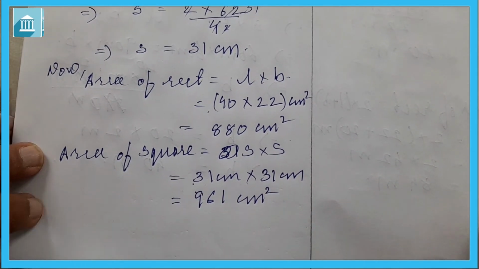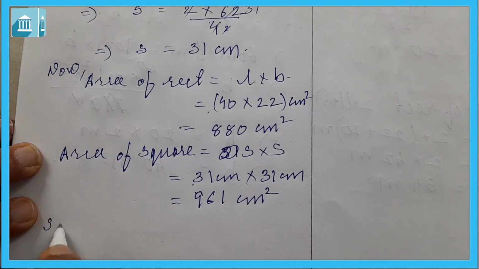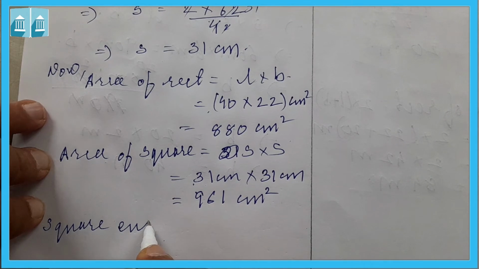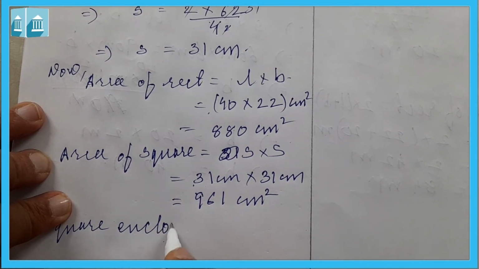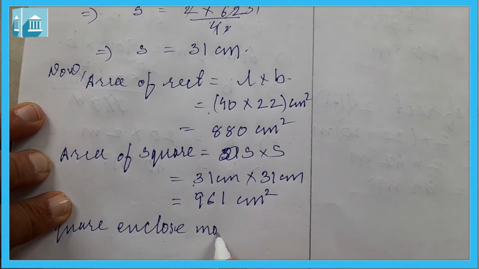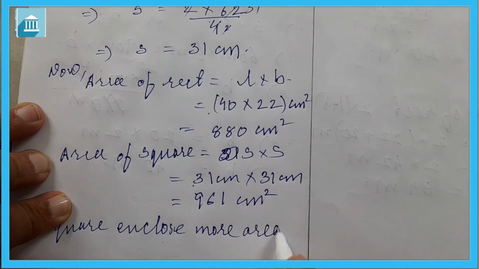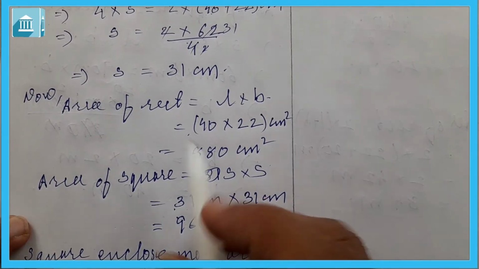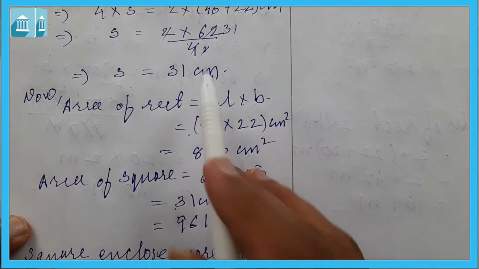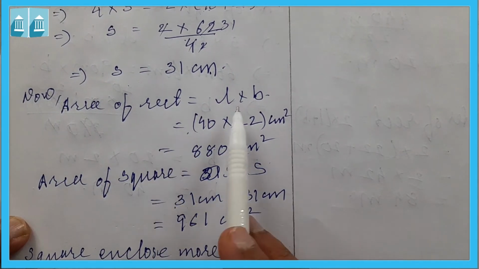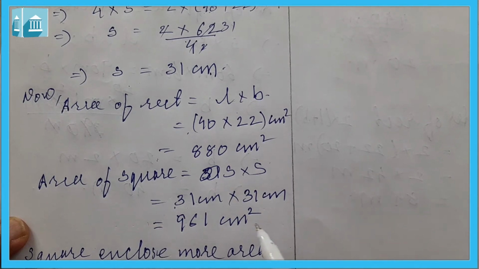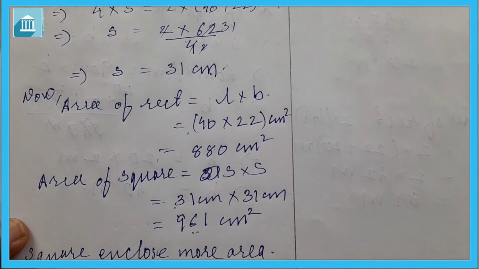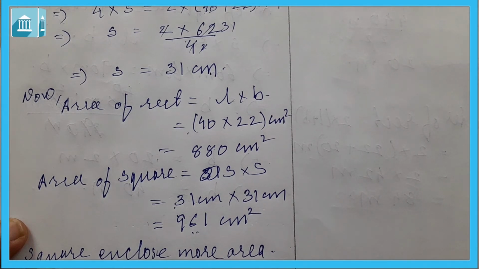So we can say that the square encloses more area. So first we found the side, that is 31 centimeter, then we found the area of rectangle and area of square. We can see that the area of square is greater, so the square encloses more area.